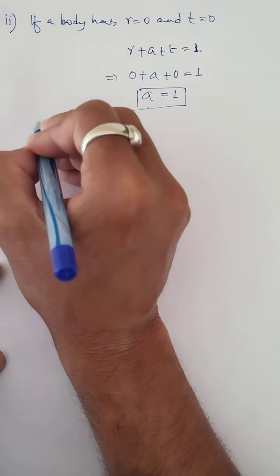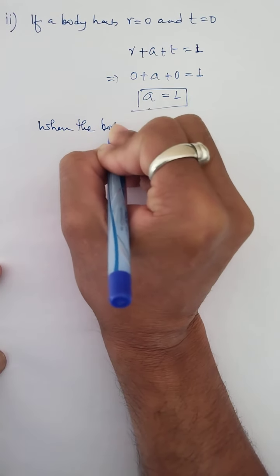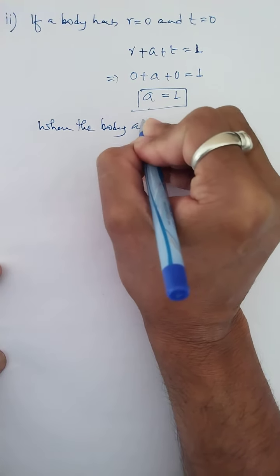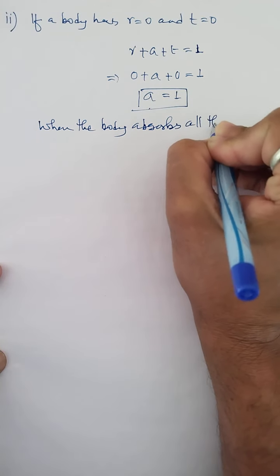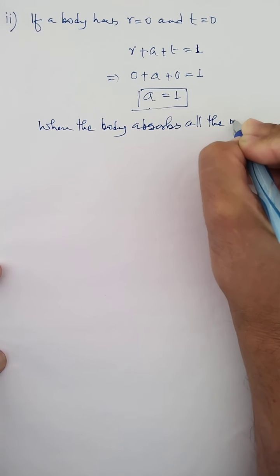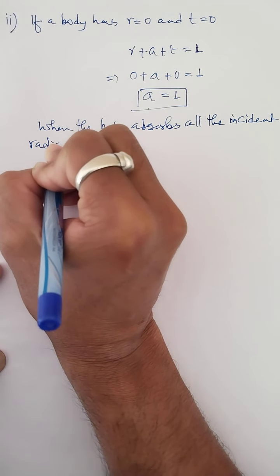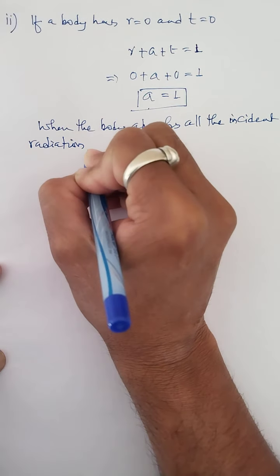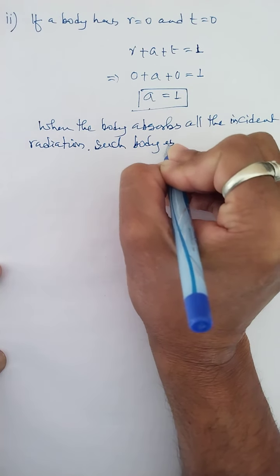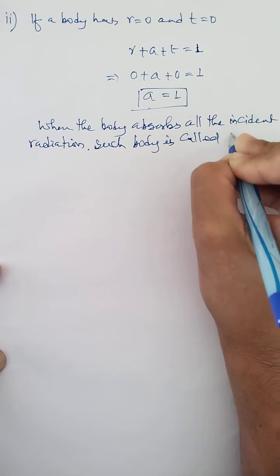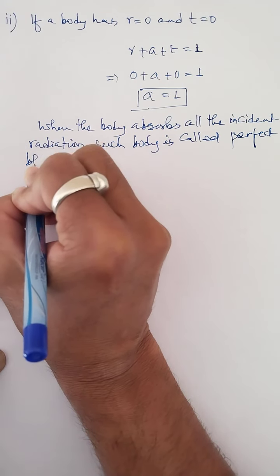So this is the case which happens when the body absorbs all the incident radiation, and such a body is called a perfect black body.